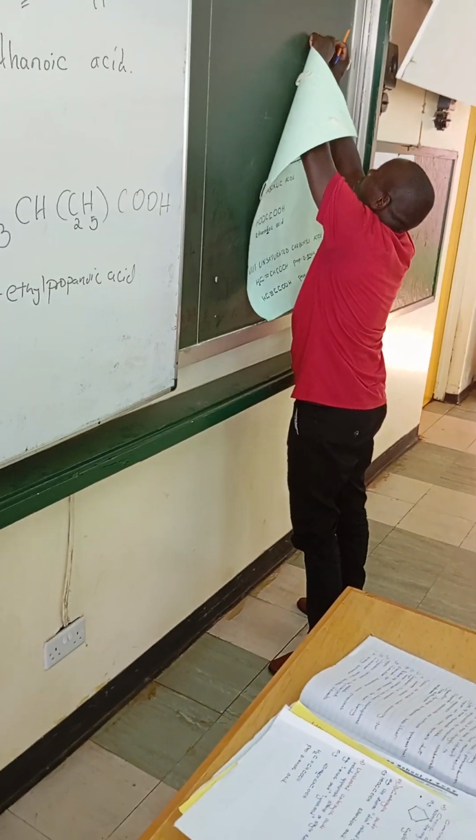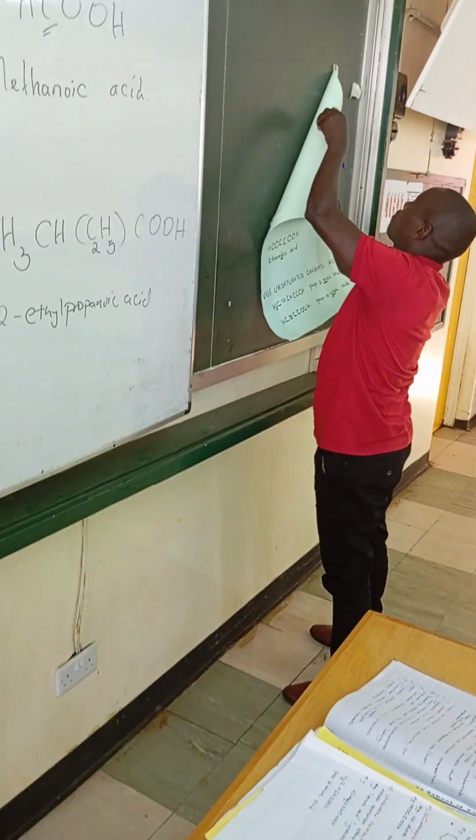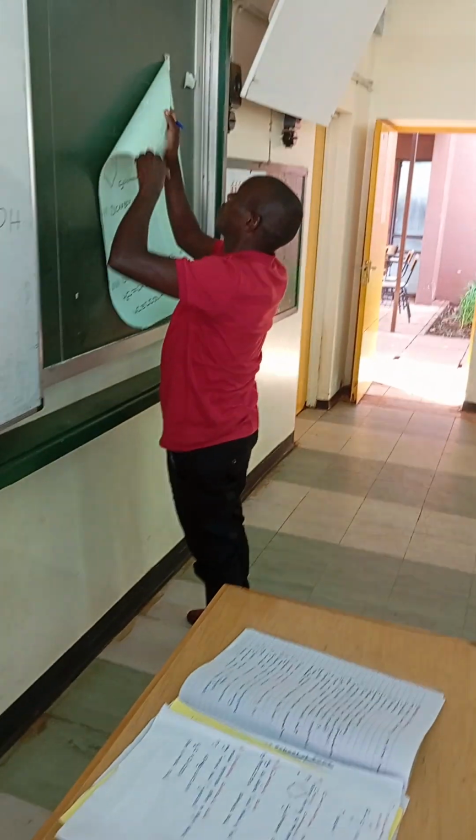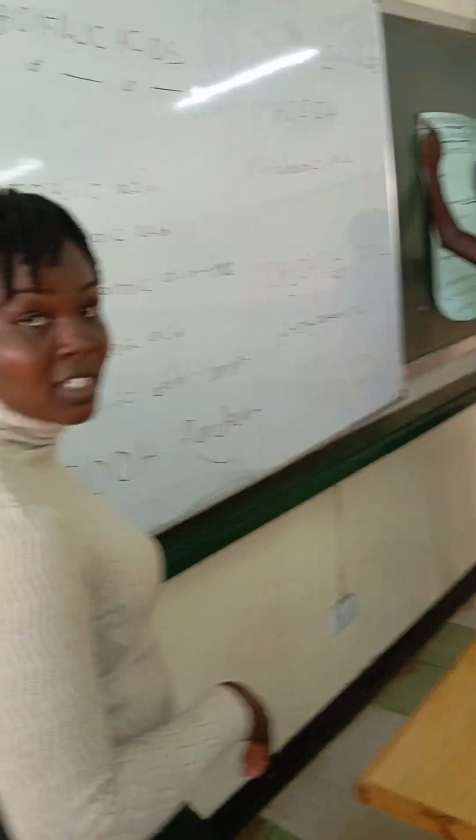So there are those rules. I'll send you details on the rules of carboxylic acids, how they are. I just want to do some specific examples here as a continuation on naming carboxylic acids.